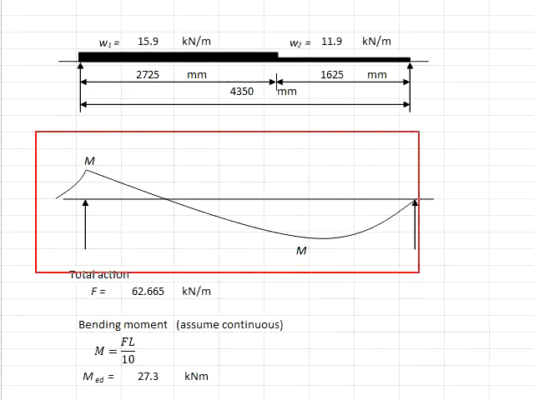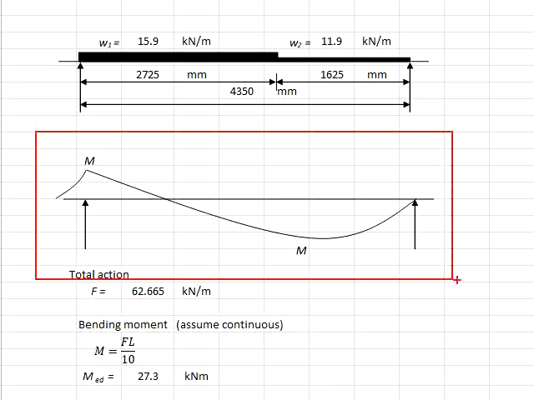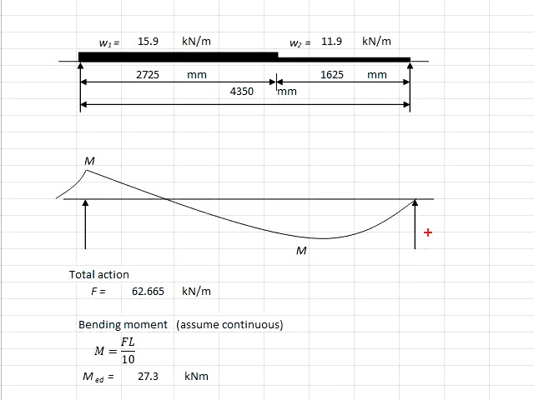This will give you the bending moment diagram, something like this. The end span here, you have no moment. There will be moment somewhere at the midspan of the staircase, and there will be moment at the support of the interior support. You can use the formula FL per 10 to calculate that.